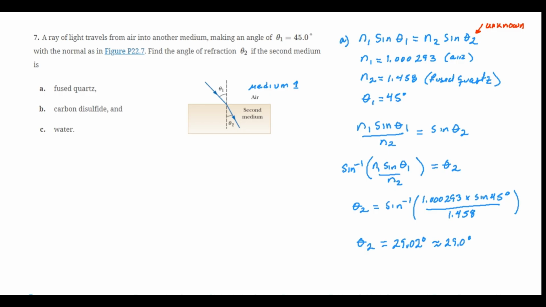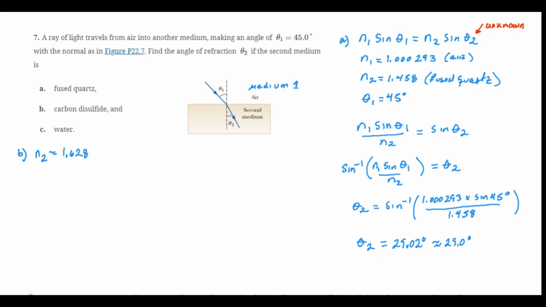Let's do the same calculation now for carbon disulfide. In the case of carbon disulfide, n2, the index of refraction, based on the table, is 1.628.